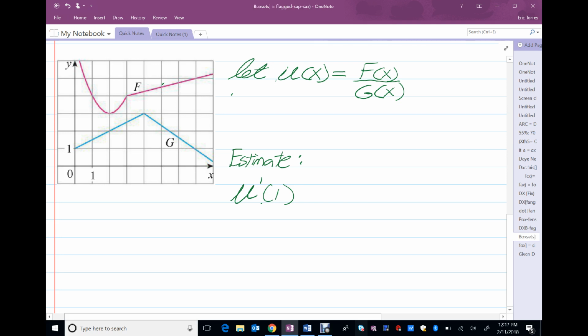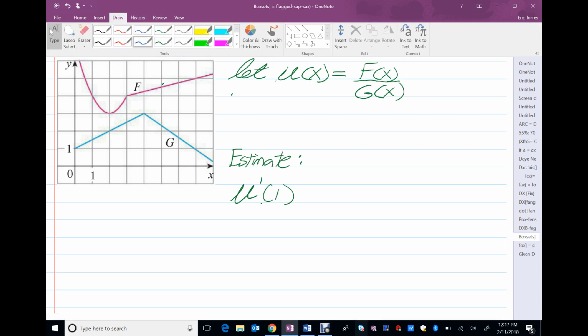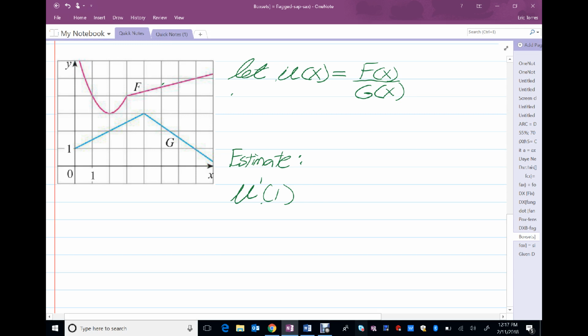So again, I'm going to write my pattern out real quick. u prime of x equals f prime of x times g of x minus f of x times g prime of x all over g squared of x.